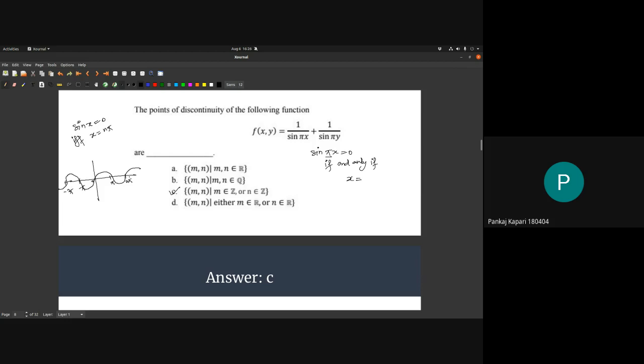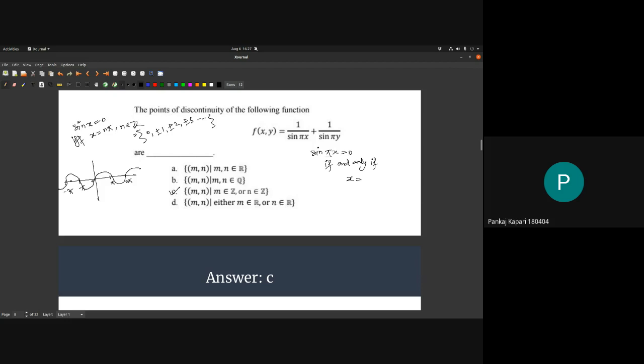So at all the values of n pi, basically the integral multiples of pi, the sine takes value 0, and everywhere else it is non-zero. So n pi, where n belongs to Z. This n can be any integer, that is, n can take value 0, plus minus 1, plus minus 2, plus minus 3, and so on, right?